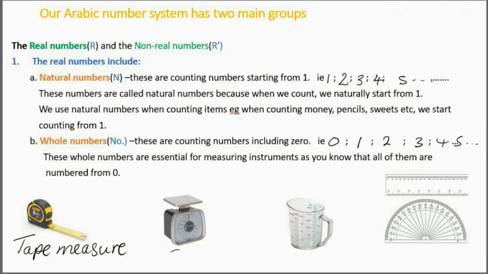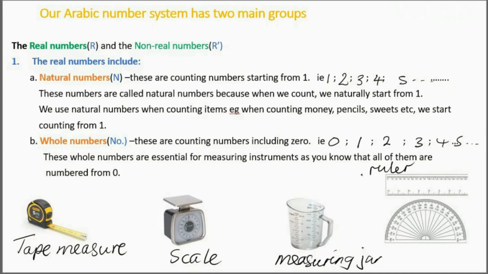And then the scale always starts from 0 up to maybe 100 kgs or 100 grams or 1000 kgs. And the measuring jar also starts from 0. Our ruler starts from 0 to 30, 0 centimeters to 30 centimeters.